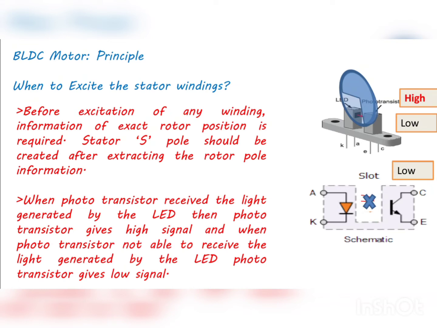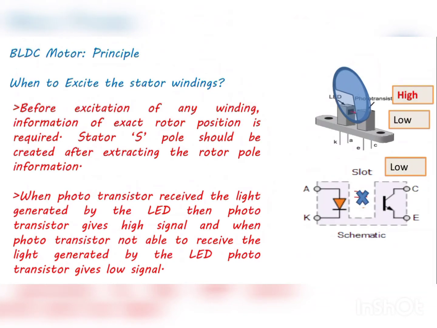When the phototransistor receives the light generated by the LED, it gives a high signal. When the phototransistor is not able to receive the light, it gives a low signal. If a rotating disc blocks the LED signal, the phototransistor gives a low signal; otherwise it provides a high signal.